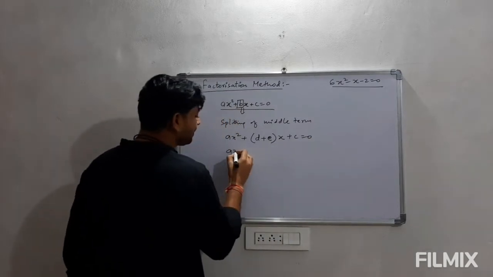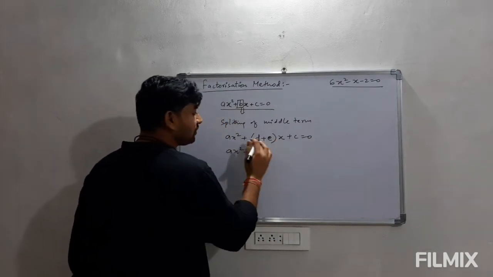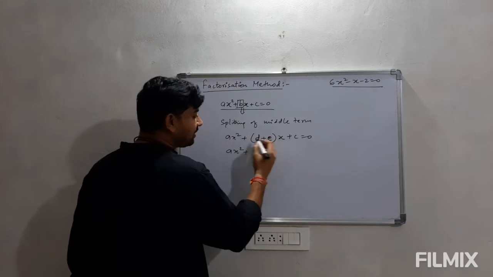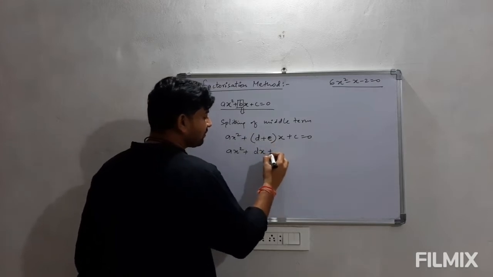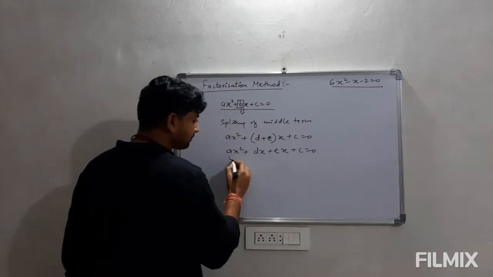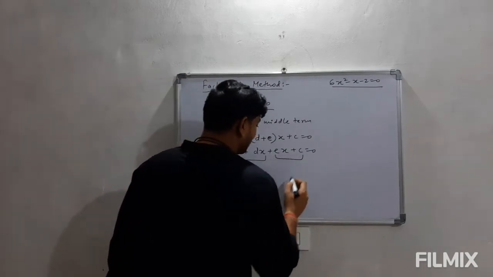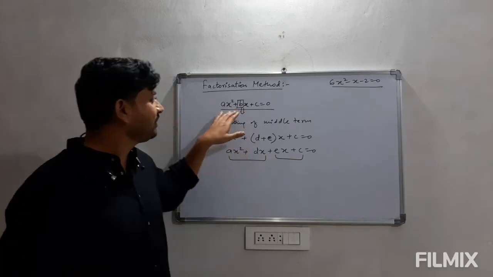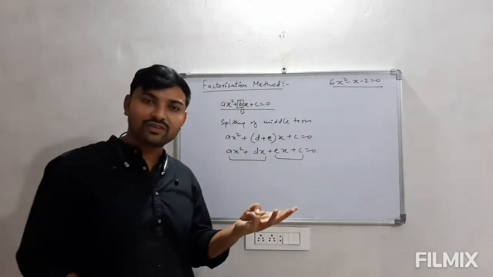Now we will have the equation like this, x square plus (d plus e) x, and if we multiply this x inside, we get dx plus ex plus c is equal to 0. Then we will take common terms from these two pairs. Earlier we had only 3 terms in a quadratic equation.